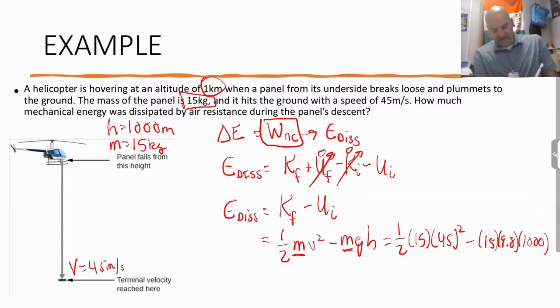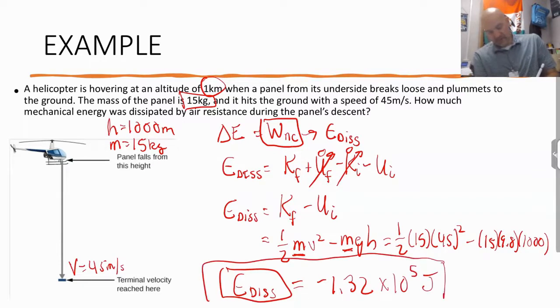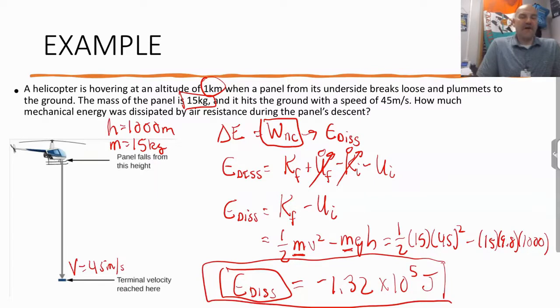You're going to see that this number ends up being negative because it's dissipative energy, energy lost by the system due to air resistance. It's negative 1.32 times 10 to the 5th joules. That's how much energy was lost due to air resistance in this panel falling 1,000 meters.